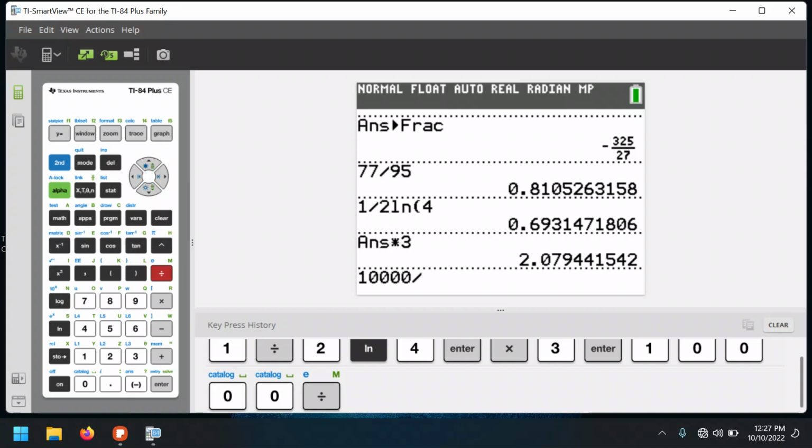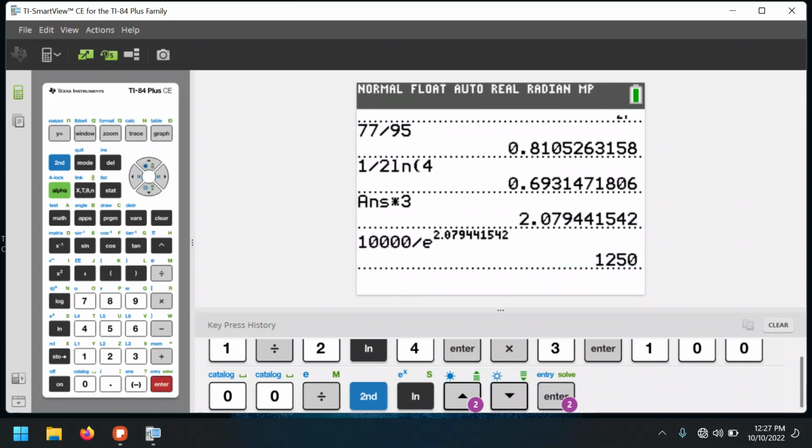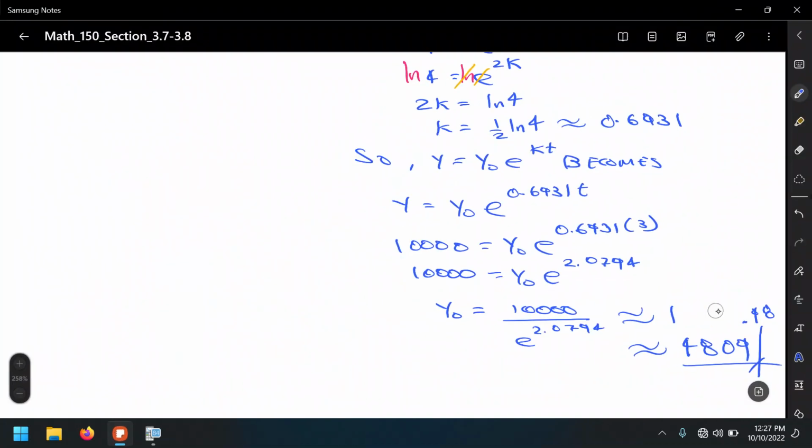Oh, wait a minute, e to that value. I forgot to exponentiate. I thought it was some value that's small. So it should be 1250. Yes, 1250. I forgot to exponentiate. And it's actually a nice number, 1250.